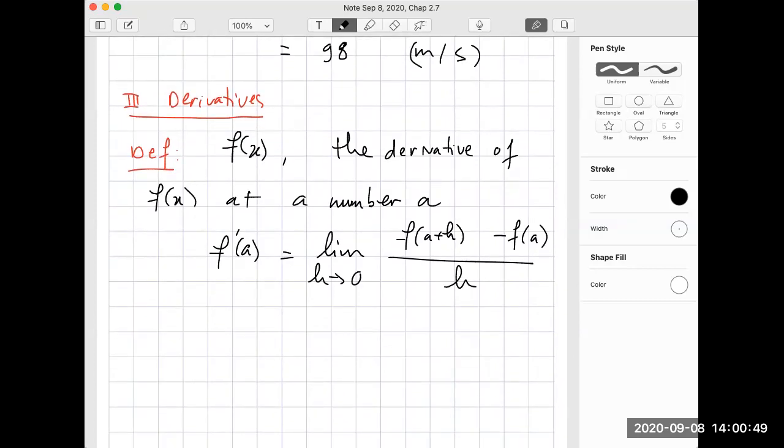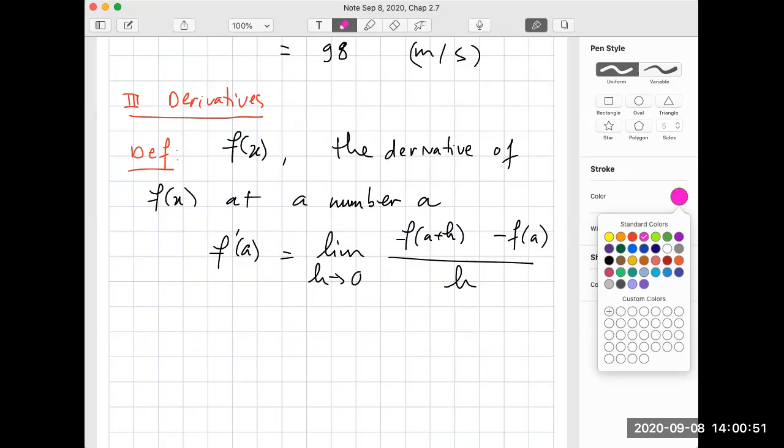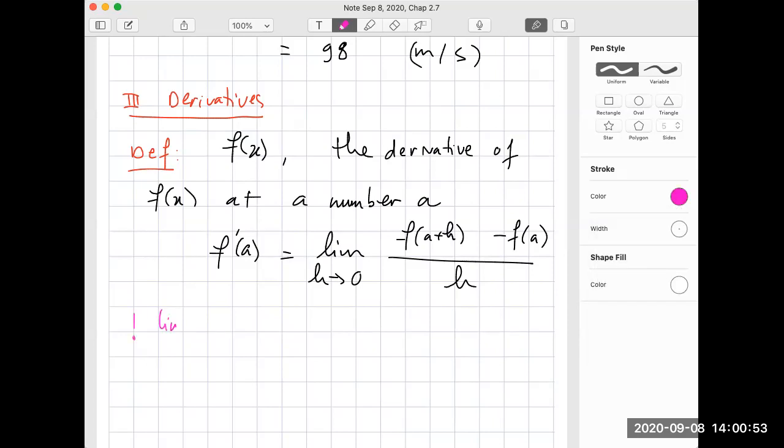And definitely the limit should exist. If it exists, then we have the derivative.